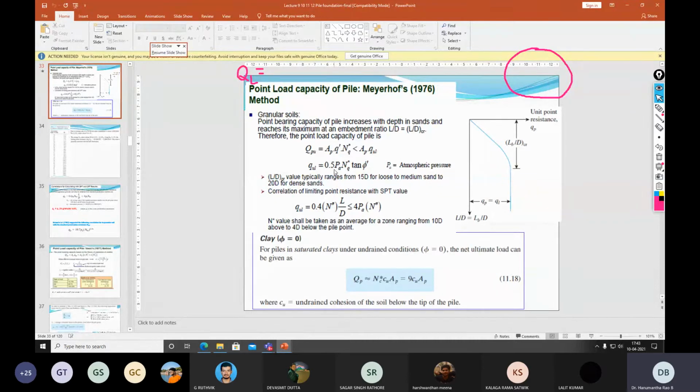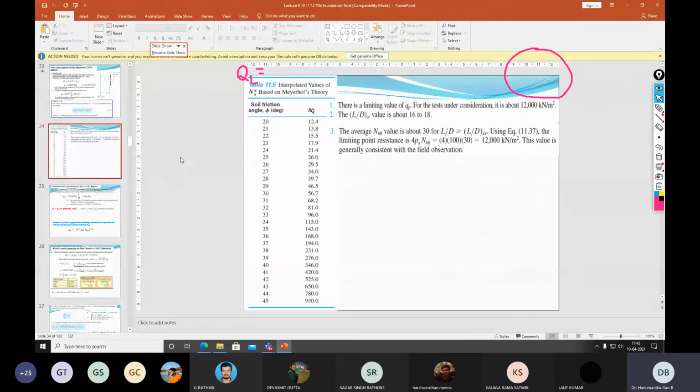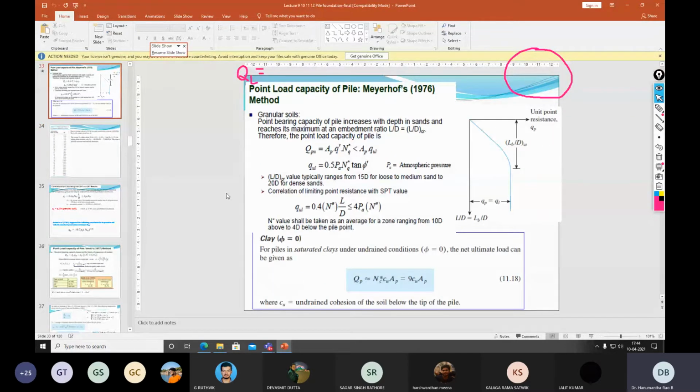So that is 0.5 Pa, Nq star and tan phi. So this is Nq value. Given phi is 30 and Nq is 56.7. So this is the equation.